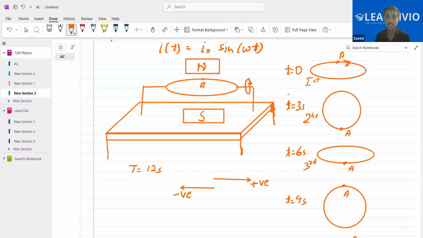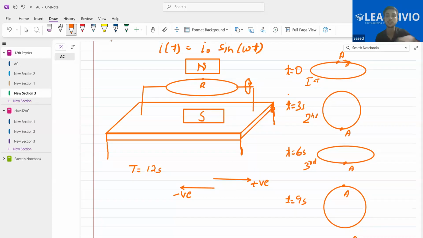From the second position to the third position, the area facing the magnetic field will increase slowly. If it is going to increase, the flux going inside the loop will increase slowly. But can you tell me what the flux was at t equals 3 seconds?